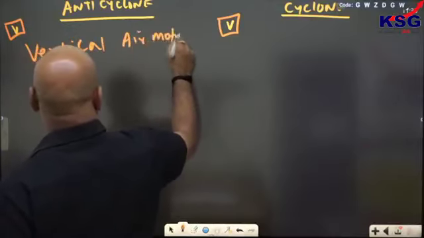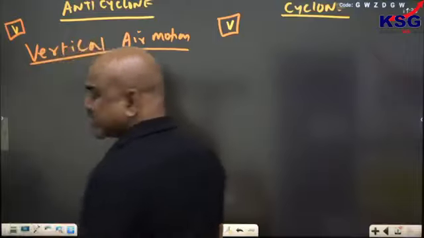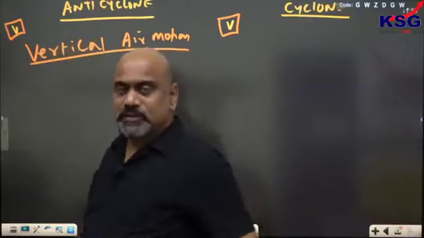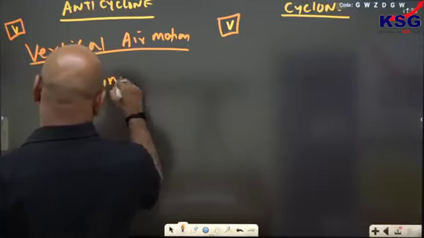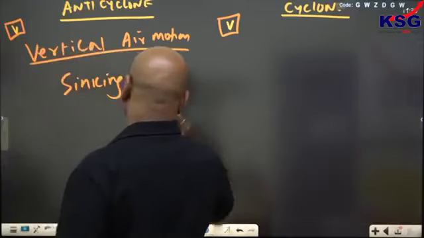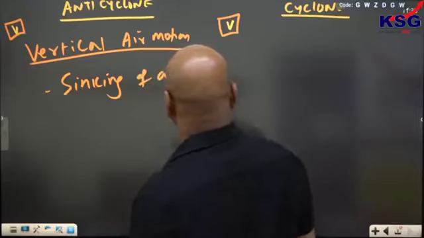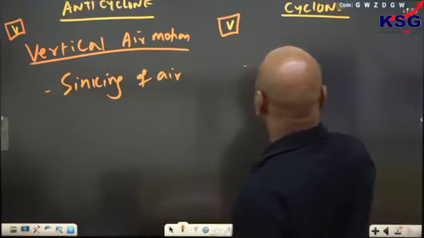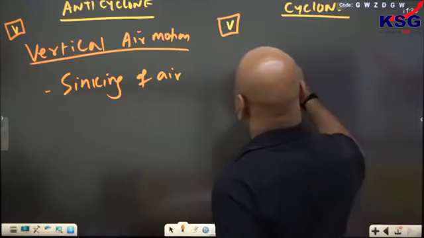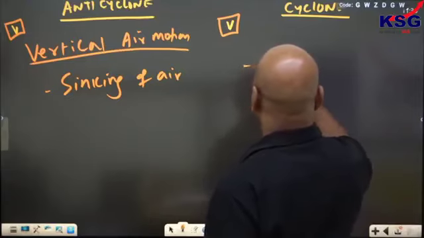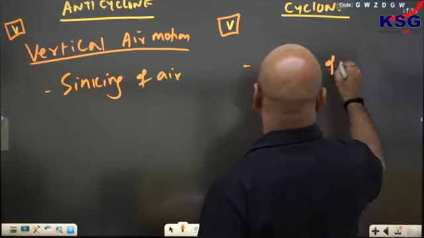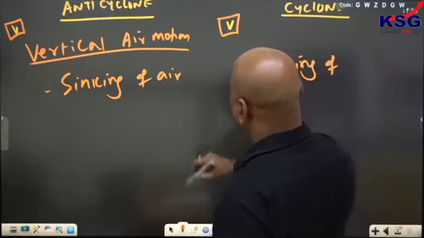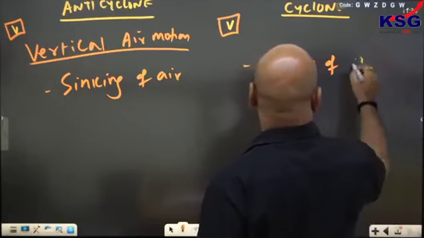What is the case of vertical air motion? In case of anticyclone, it is sinking of the air, subsidence, sinking of air. Here, in case of cyclone, rising of air.